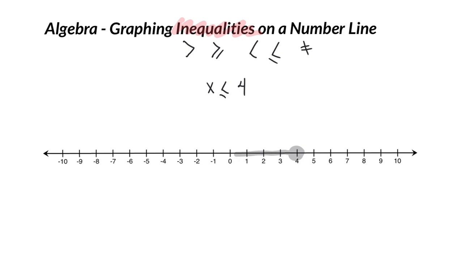My line and arrow will be pointing down this way, because those are all of the numbers that are less than 4. If you ever need to check it, just say, okay, 3. Would 3 satisfy this? Is 3 less than 4? Of course it is. I always check 0 for everything because that's always easy. 0 is less than or equal to 4.